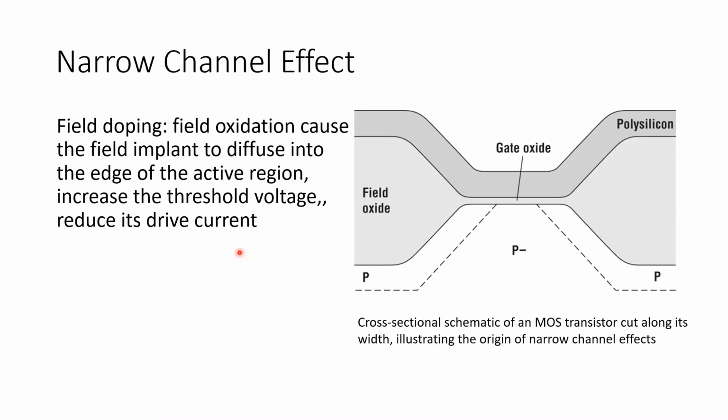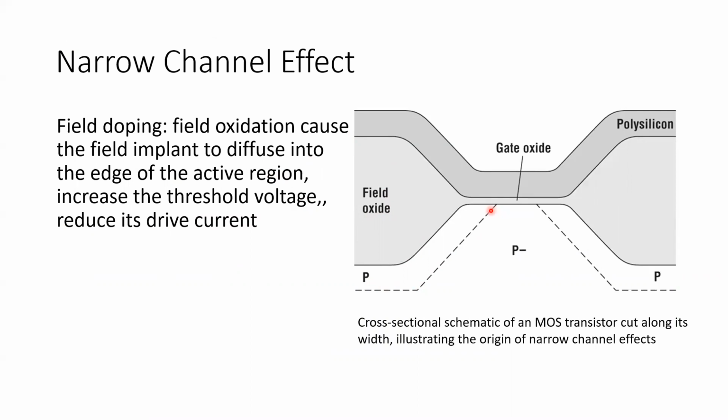Another thing associated with LOCOS is the narrow channel effect. For the field doping, the field oxidation causes the field implant to diffuse into the edge of the active region. This increases the threshold voltage and reduces the driving current.